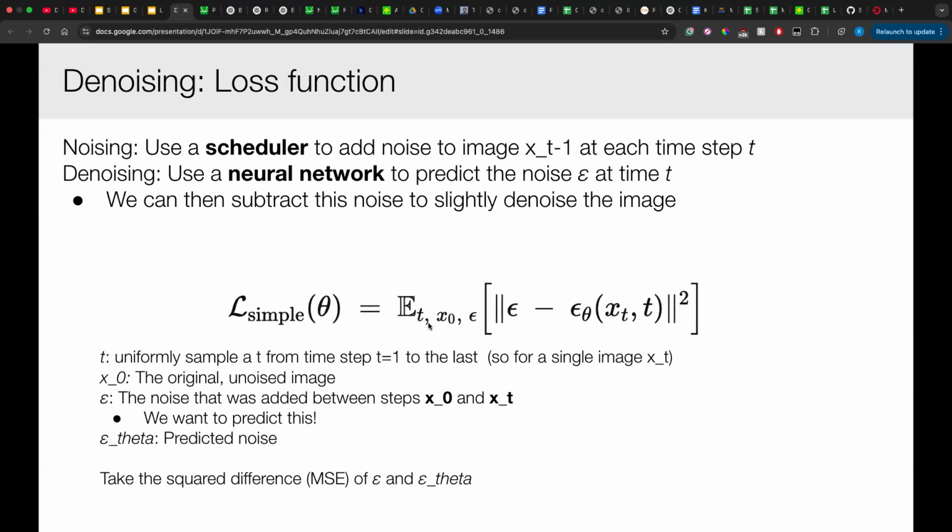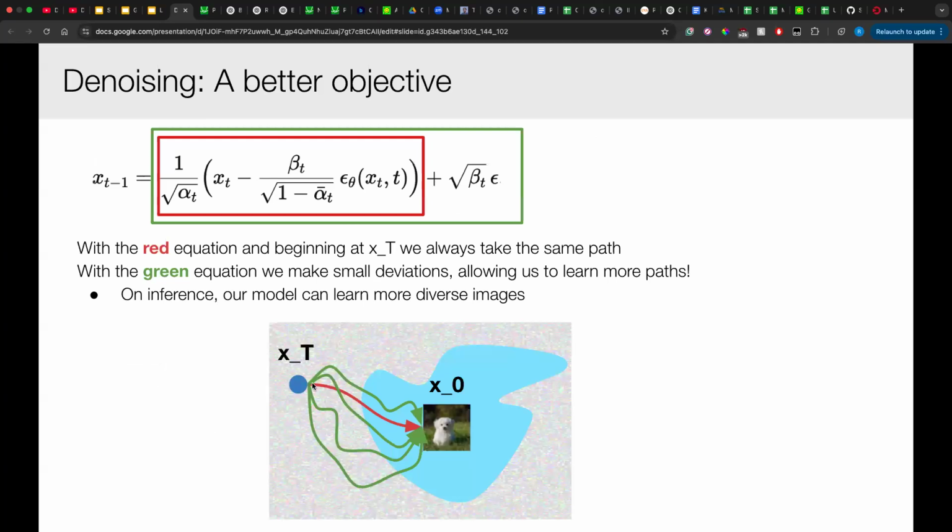You might be kind of weirded out by this notation if you haven't taken prob before, but this is the expectation. And expectation is basically saying, if you sample over all input images, so all possible x of zeros, take the average mean squared errors. Of course, there are some other variables beyond this. We also uniformly sample different t values. It actually turns out that we don't have to train on every single time step t.